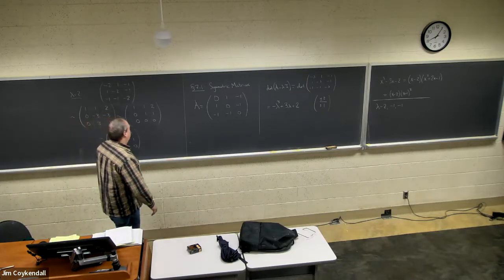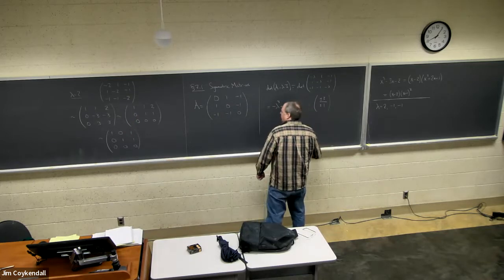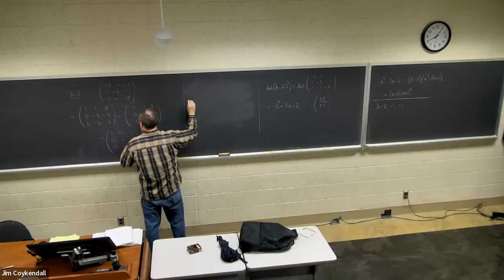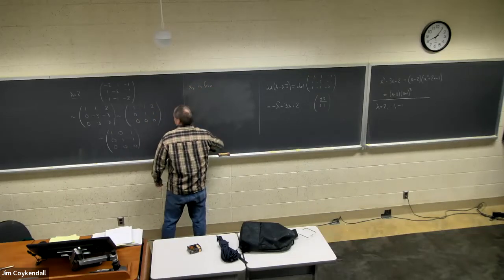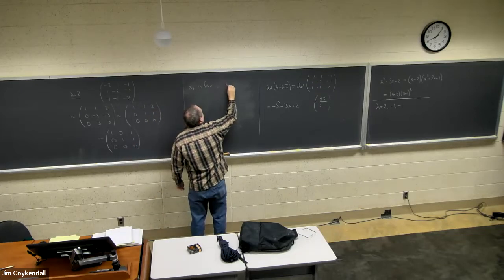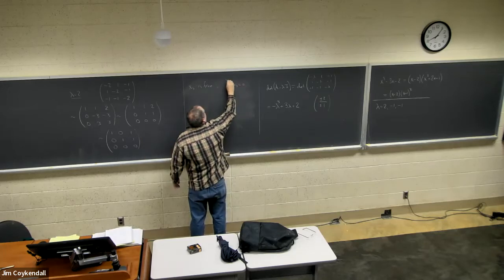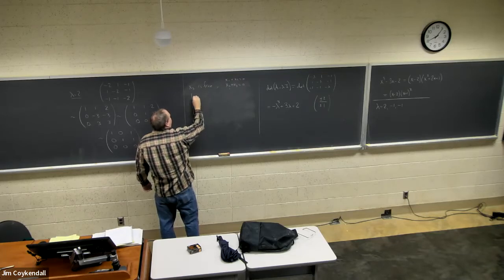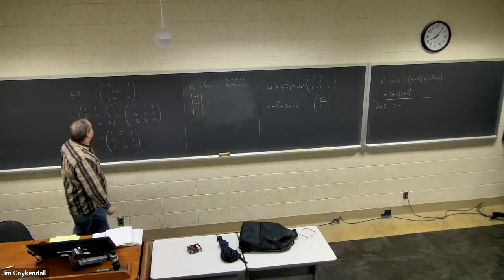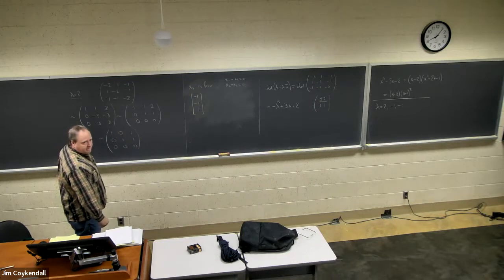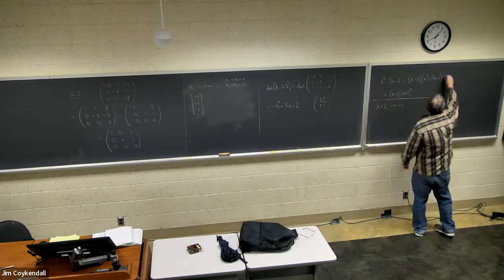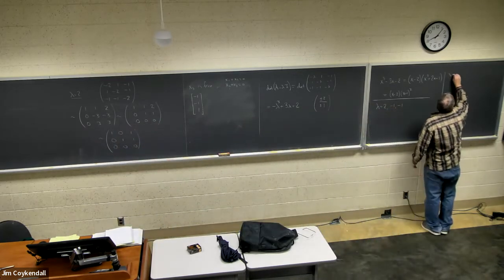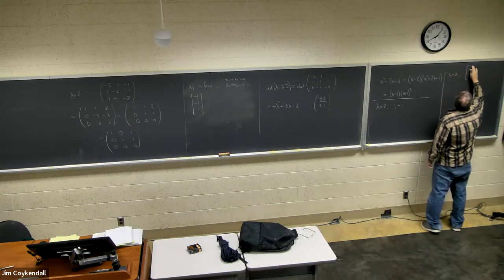So what do we get here? I get an eigenvector out of this. x3 is free, and I get the equations x2 plus x3 equals 0, and the top one x1 plus x3 equals 0. Let's keep track of what we got: for lambda equals 2, I get the eigenvector.